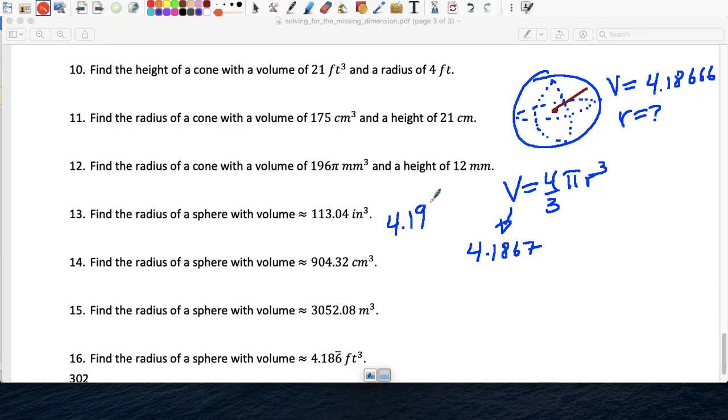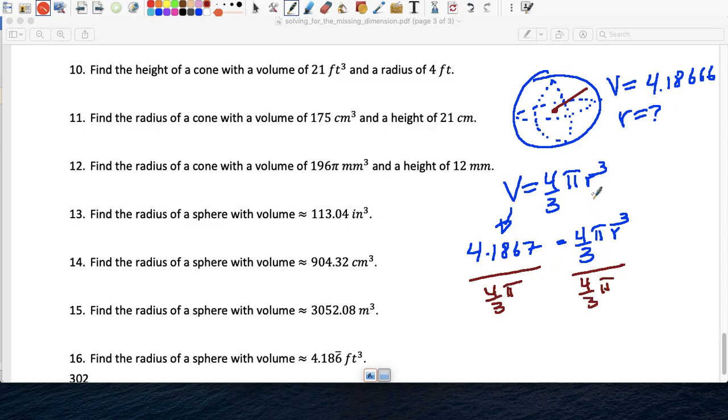That's okay too. A little tricky here. We're going to get similar answers. So again, we're going to divide both sides by 4/3 pi. That goes away, simplifies to 1.